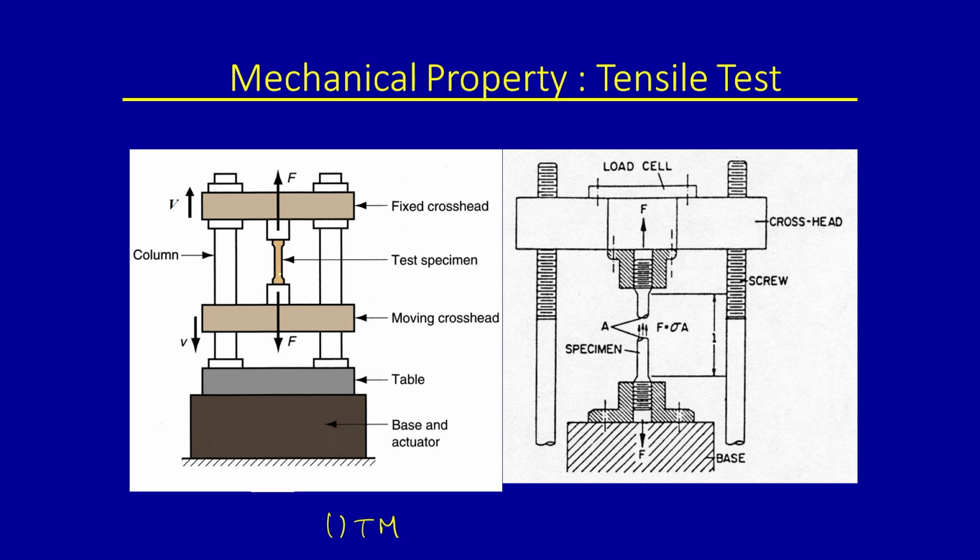And this sample is then pulled by application of forces, you can see that, correct, till it breaks or fractures, and this gives us the different kinds of mechanical properties, not only strength, but ductility, elastic constants, many things that can be obtained from this. This machine is present in any lab, whether in industry or in academic institutes, and I think it is better that you see this machine and how the test is done.